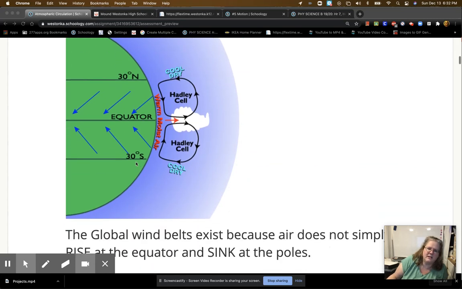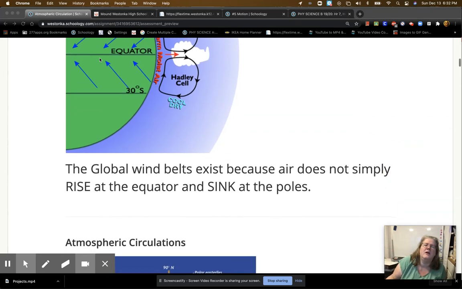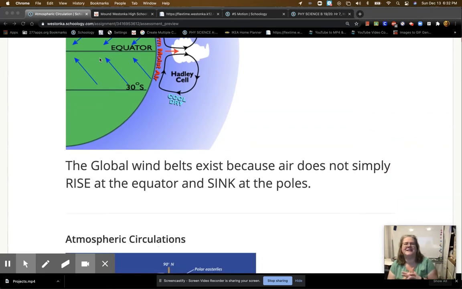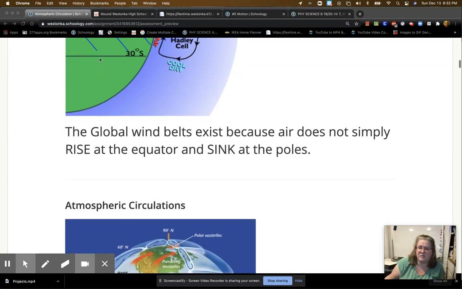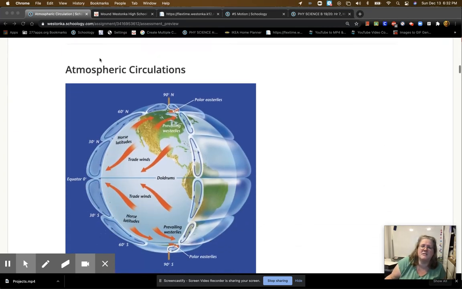Now remember, our sinking air is going to also flow south from here, 30 degrees south. And it's going to flow northward from 30 degrees north. And it's going to come in with other air sinking at the poles. So global wind belts exist because the air does not simply rise at the equator and sink at the poles. That turning kind of stops it and starts it sinking earlier than the pole. And then we get our cells.